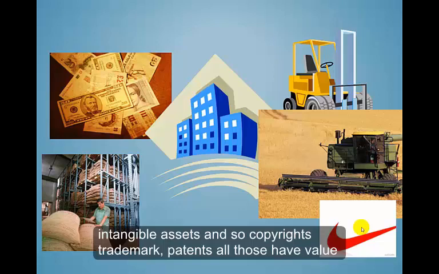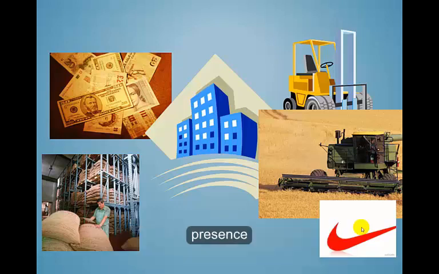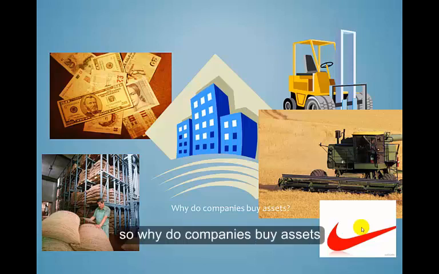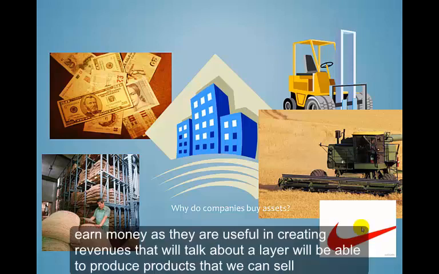And so copyrights, trademarks, patents, all of those have value and fit the definition of an asset without actually having a physical presence. So why do companies buy assets? To earn money.